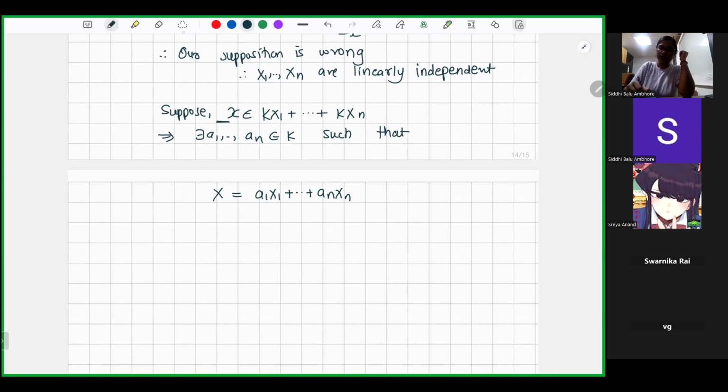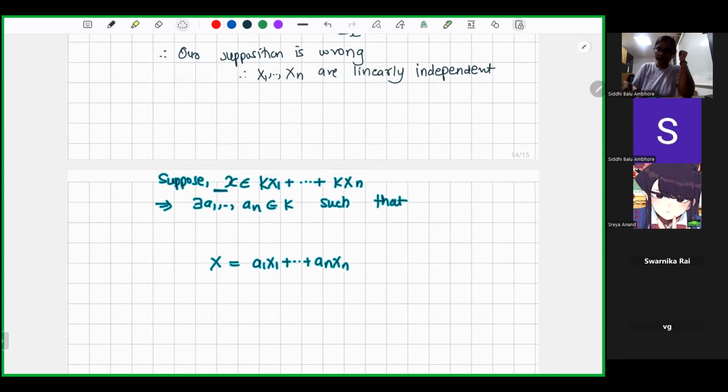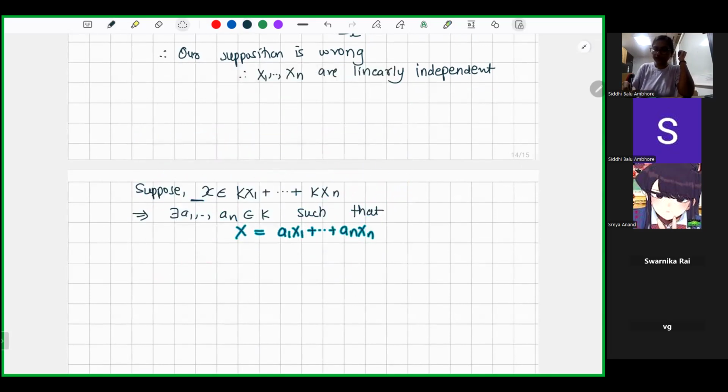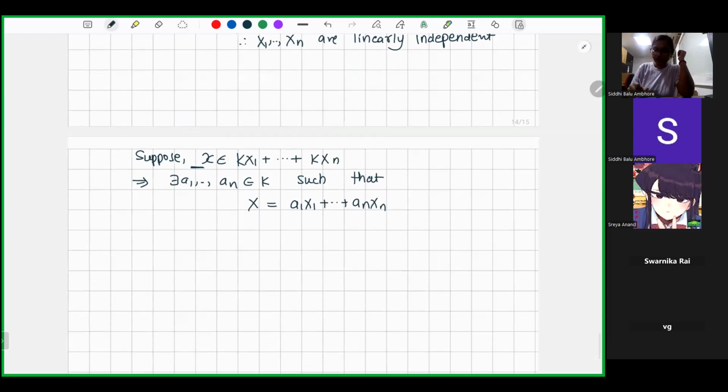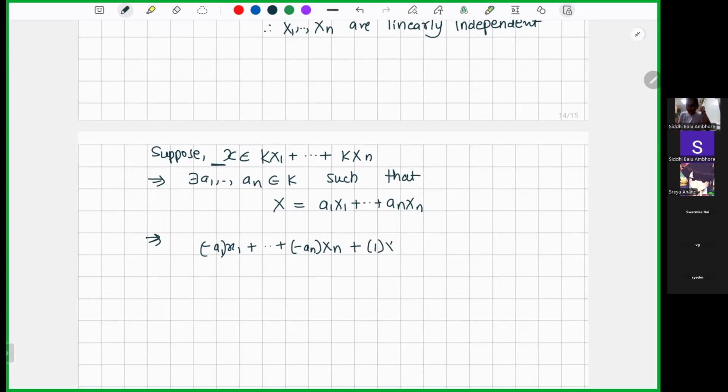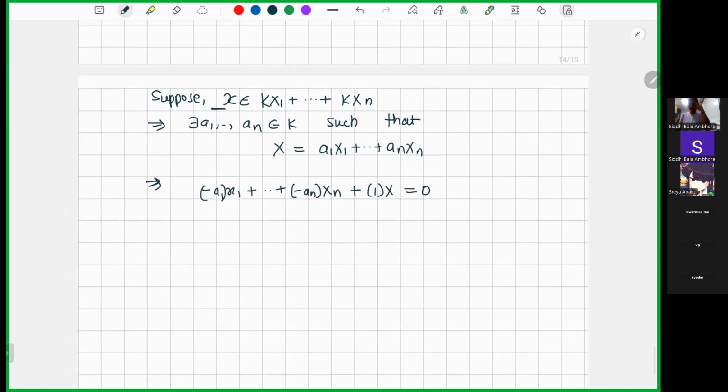Let me write the whole thing down here. And then I can do this: minus a1 x1 and so on, minus an xn plus 1 into x is equal to 0, right?